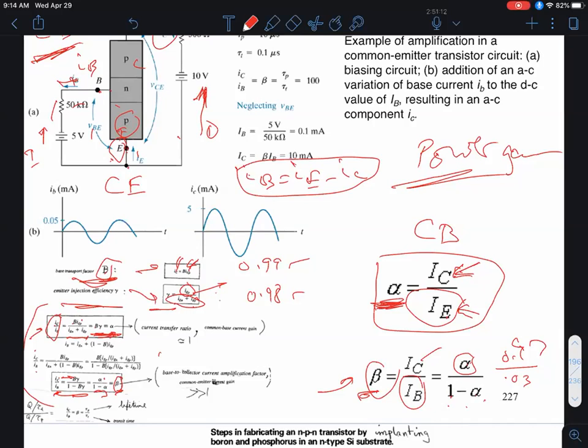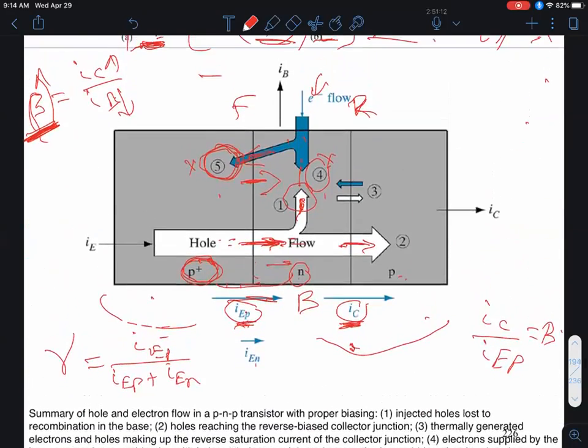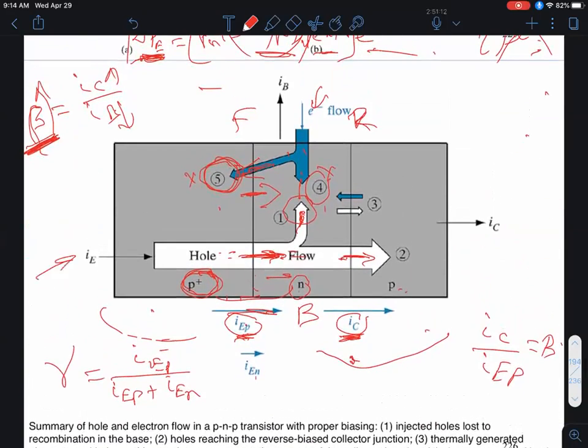Now, if you look at the physics, I've always found this to be kind of a little bit bothersome, because in the common base mode of operation, it almost looks like the base current is sort of an afterthought, if you will.